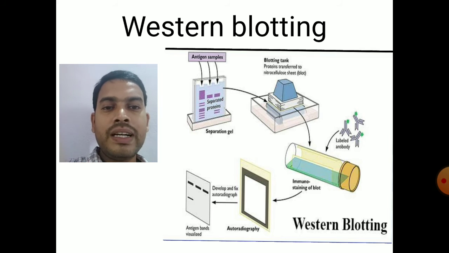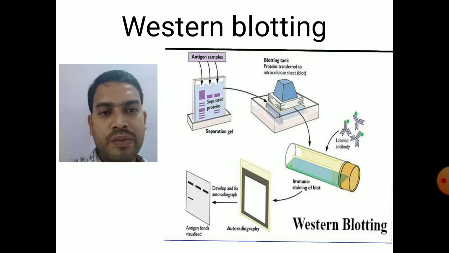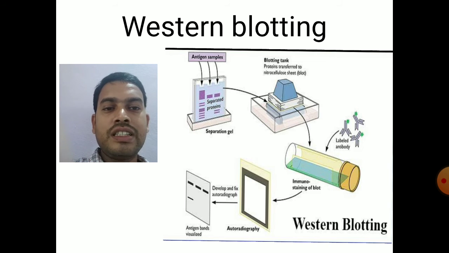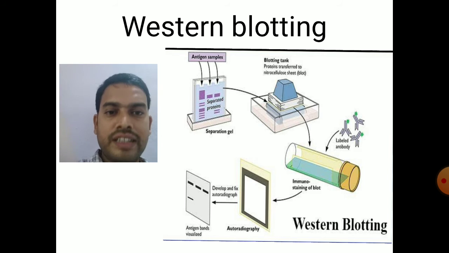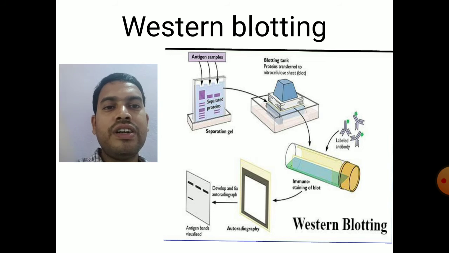In clinical laboratories, after ELISA, the confirmatory and accurate test for any kind of antigen is Western blotting. By this we can strongly confirm the ELISA test, that the patient is having the antigen. So this is the application of Western blotting in clinical use.